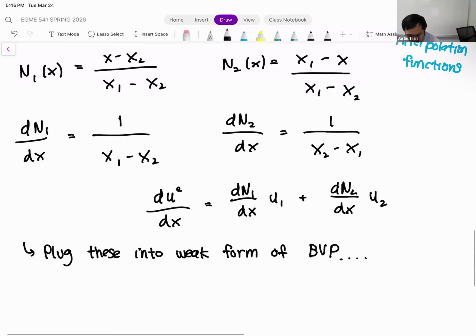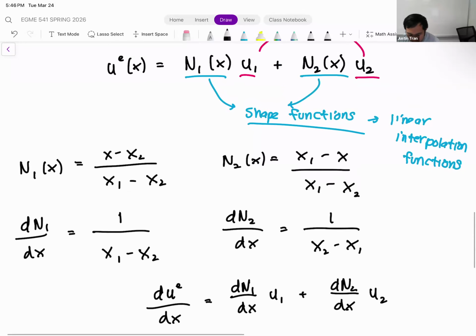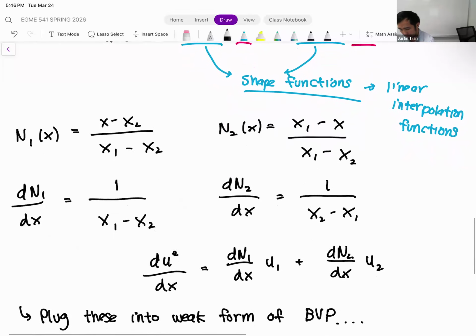But before we do that, are there any questions on anything here? Okay. All right. So let's go ahead and plug in for this. Now, the way we're going to use our weak form here is we're only going to integrate our weak form across the length of our element.